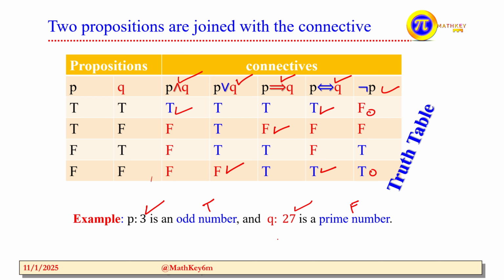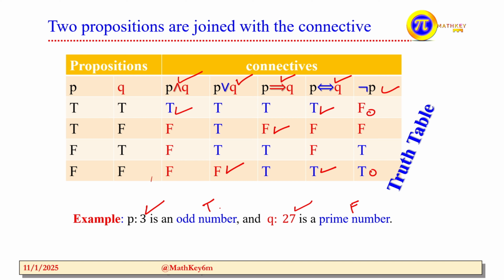So when combined using and, conjunction, true and false becomes what? It is false. They can be true, as we said for and, only when both are true. When we combine them using disjunction, that is or, true or false is what? It will be true. Why? If at least one of them is true, when we connect them using disjunction, or becomes true. Considering implies, P implies Q: P is true, the hypothesis is true.